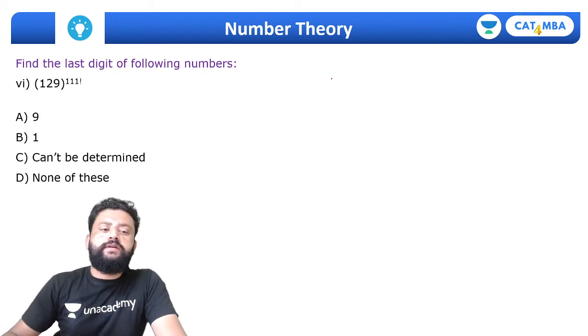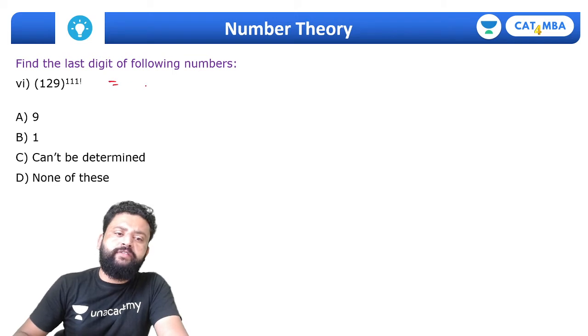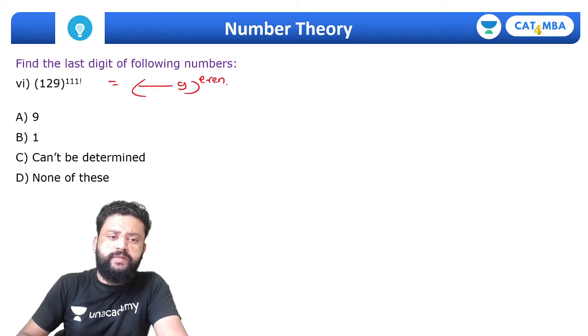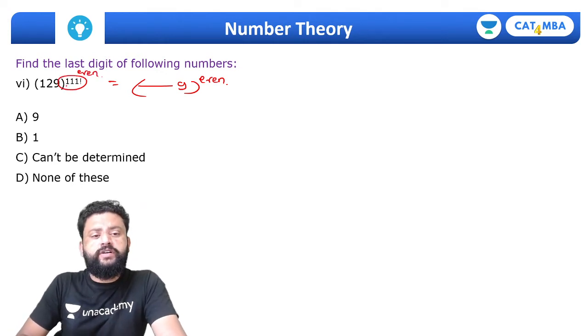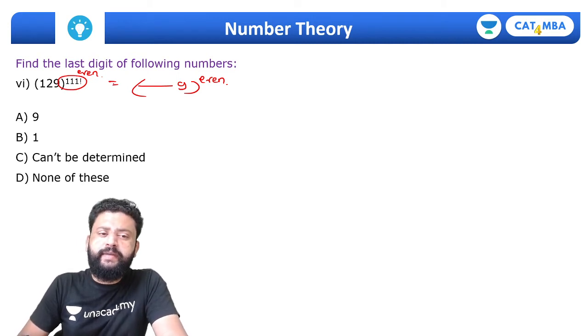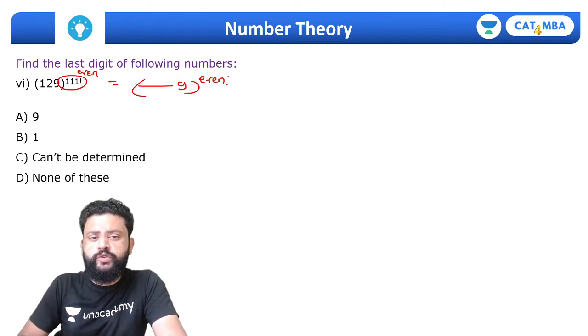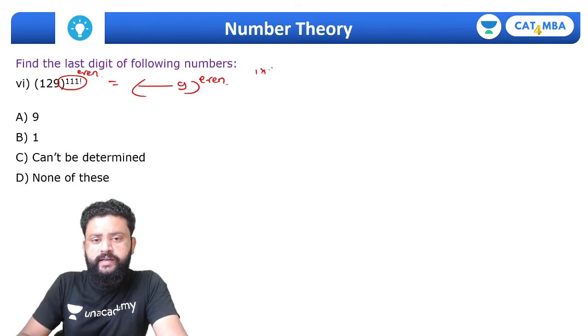Try for this. Again 919191, its number ending with 9 and power is an even number. 111 factorial is going to be an even number definitely because that is a huge multiplication which is going to be an even number because there are many even numbers. Into 2 भी तुम बोल सकते हो. It is 1 into 2 into 3 into till 111.